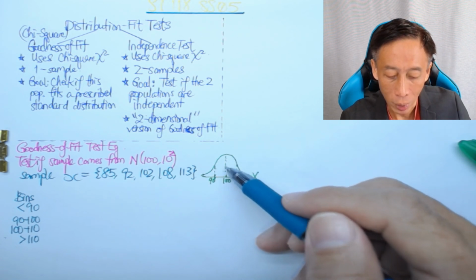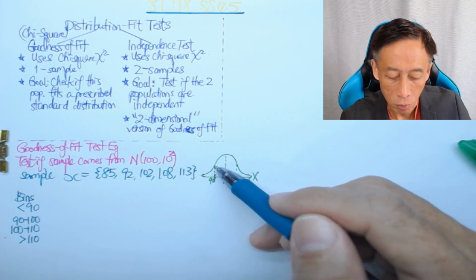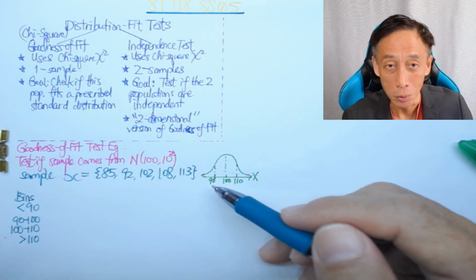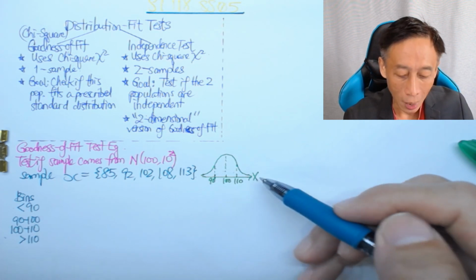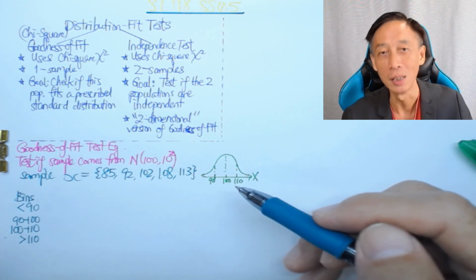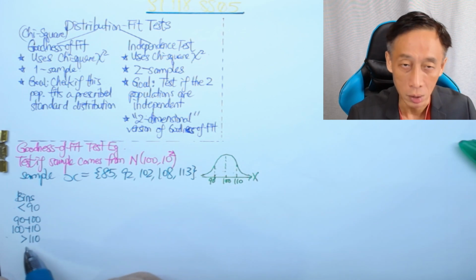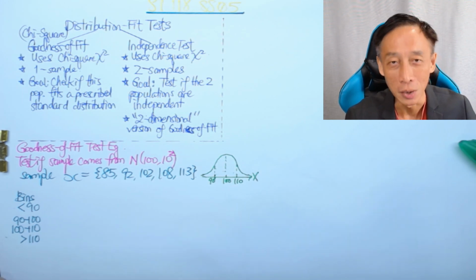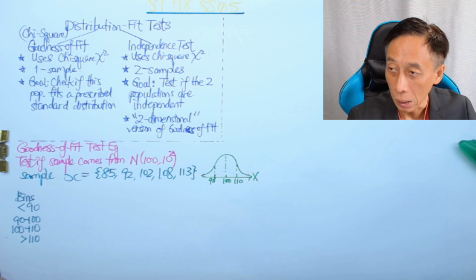So the area from 100 to 100, or from 90 to 90, is 0, right? Probability being equal to the area, we know that the probability of x equal to any number is 0. So it doesn't matter whether you include the equal sign or not. It's not consequential in the calculation.